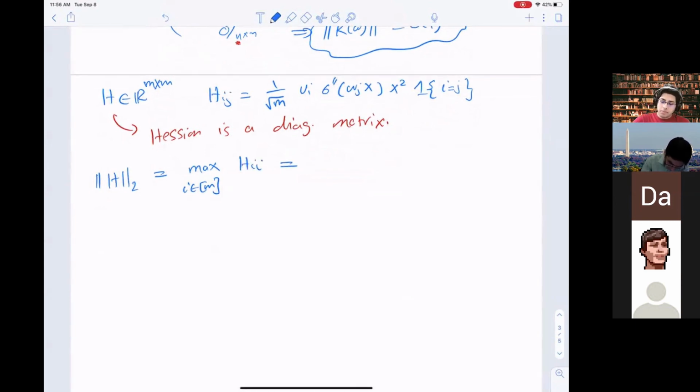This is basically x squared over square root of m. Again I assume v_i is 1, and I get a max over i of v_i sigma double prime of w times x.